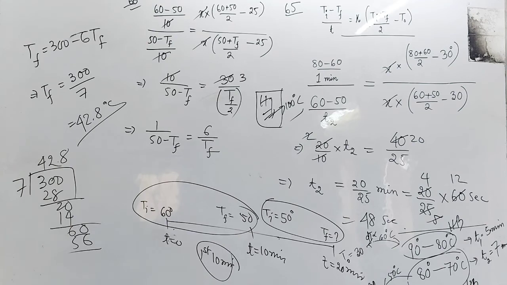Number 1, conduction. The glass is heated, and the temperature of the glass increases. That is, heat is conducted to the container. Understood? Next, heat is lost in the form of vapor. That is convection.